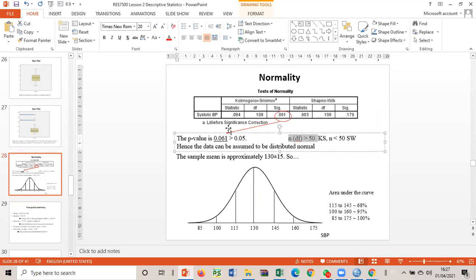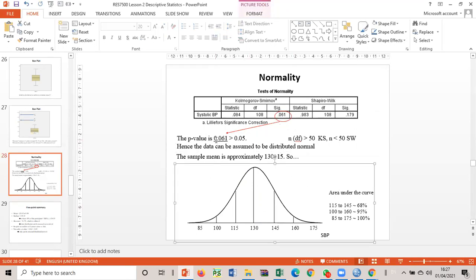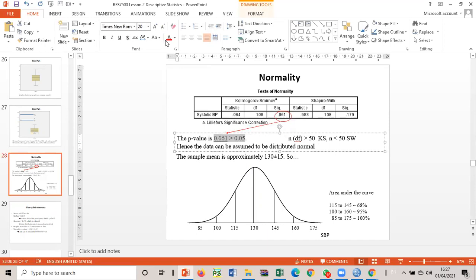So is this p-value more than or less than 0.05? More than 0.05. So listen carefully. If this value is more than 0.05, we can say the data can be assumed to be distributed normal.